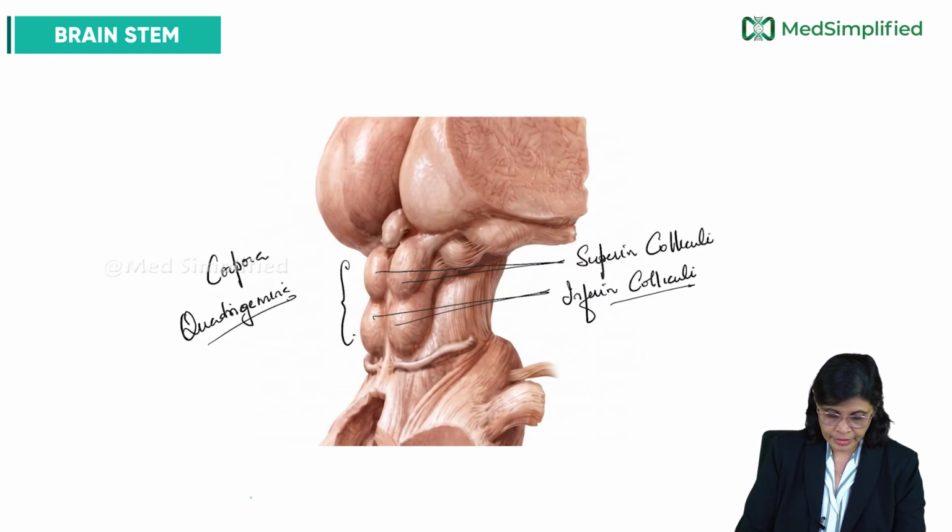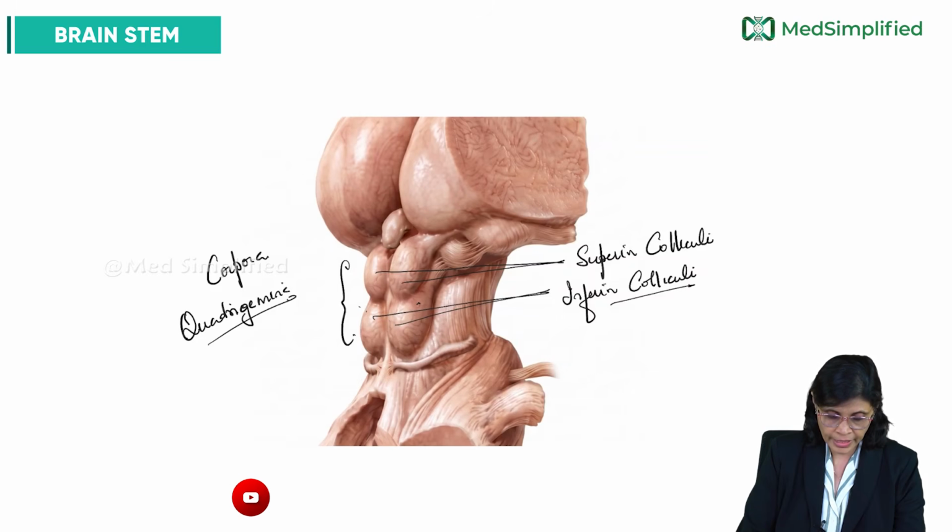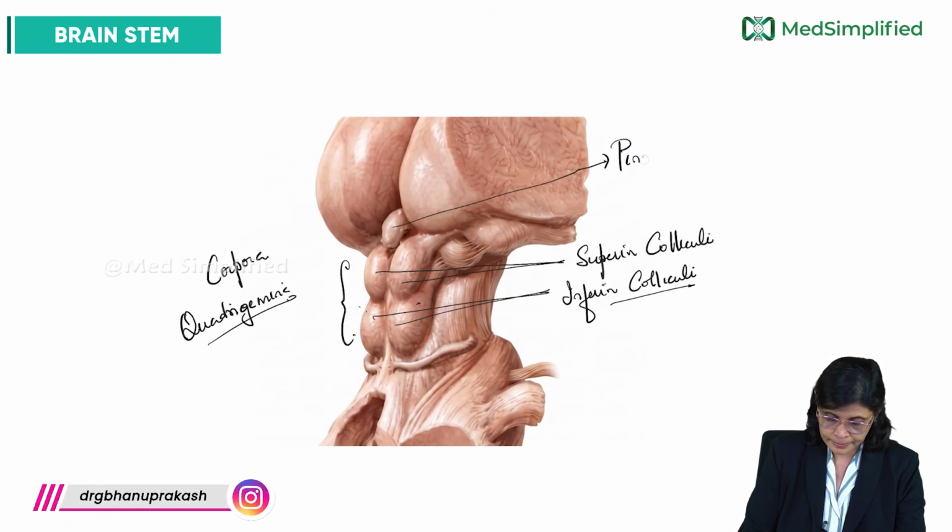Here in between, the superior and inferior colliculi are separated by this cruciform sulcus. If you trace this sulcus above, it forms a depression here, and in this depression we will see one gland. This is called the pineal gland, or the pineal body.